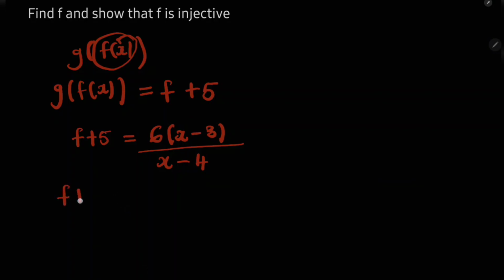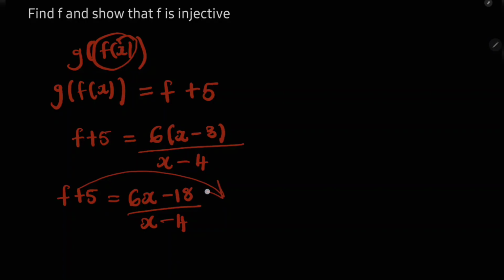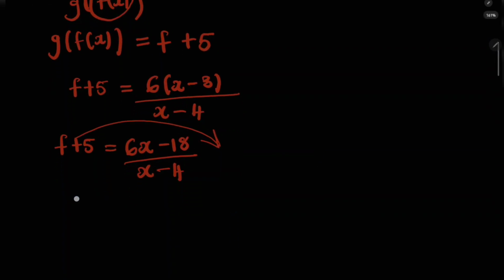So we have f plus 5 equal to 6x minus 18 divided by x minus 4. So we will send this 5 this way now. We will have f equal to 6x minus 18 on x minus 4 minus 5.